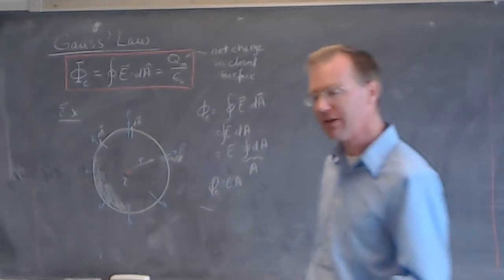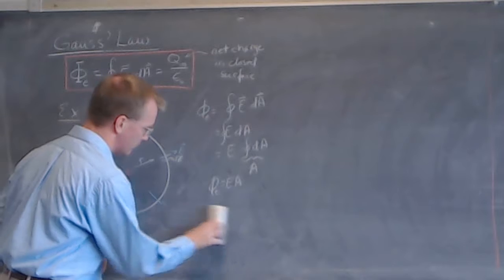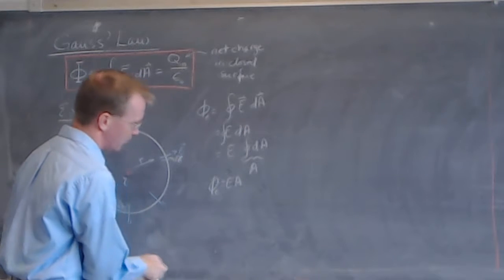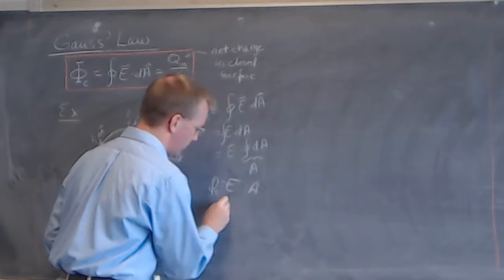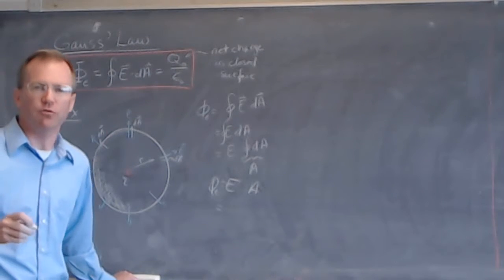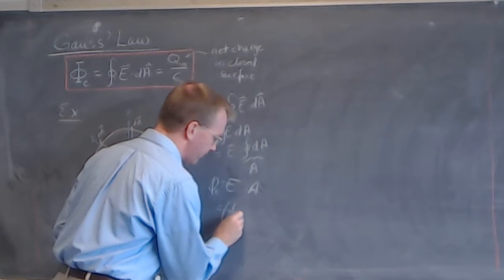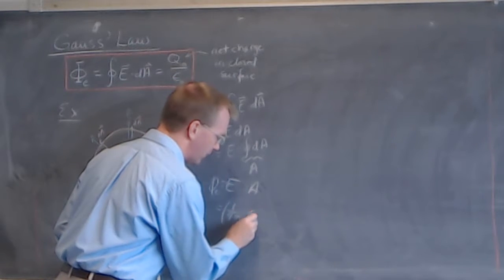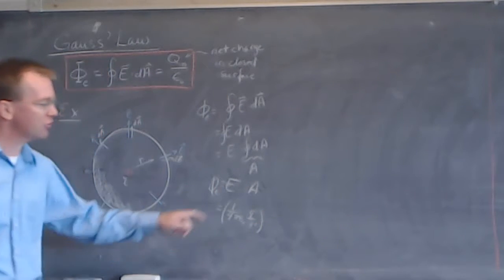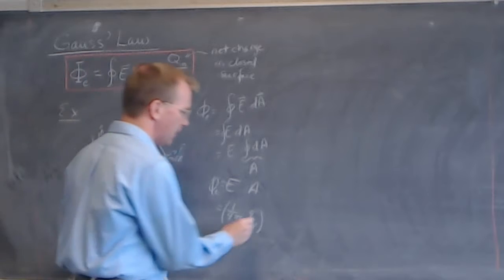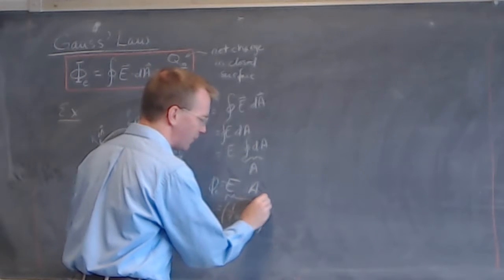Great. What is EA? What is E? What is A? Let me make a little more room here. The electric field of a point charge is given by Coulomb's law. 1 over 4 pi epsilon naught times Q over R squared. All I want is the magnitude, not the vector here. Times, and what's the area of a surface area of a sphere?